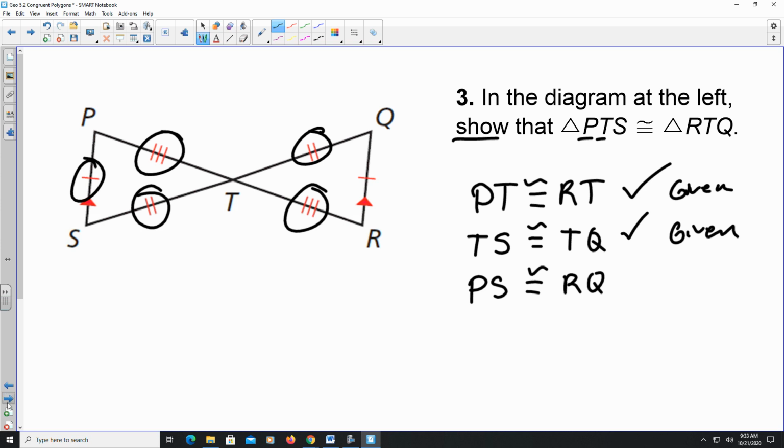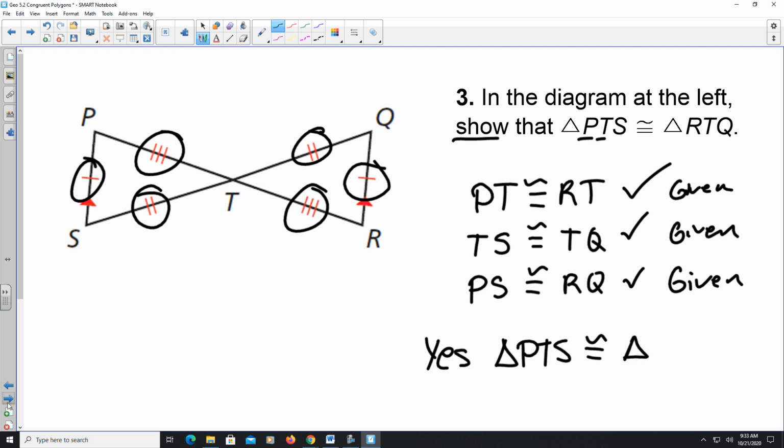So PS is 1, QR is 1. Yep, that is given. So I have determined that all three corresponding sides are congruent. Since all three corresponding sides are congruent, I can say yes, triangle PTS is in fact congruent to triangle RTQ.